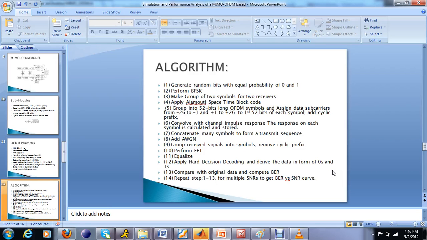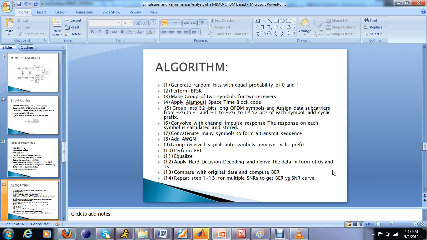So before that, the space-time block coded data is grouped into OFDM symbols, and then carrier frequencies of -26 to -1 and +1 to +26 are assigned to the first 52 bits of OFDM. Then these are transmitted through the channel, convolved with the channel frequency response, and AWGN is also added.